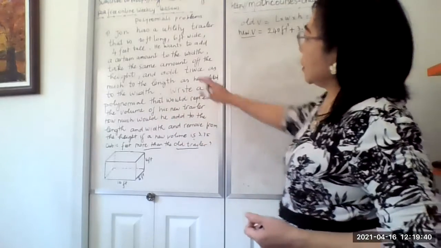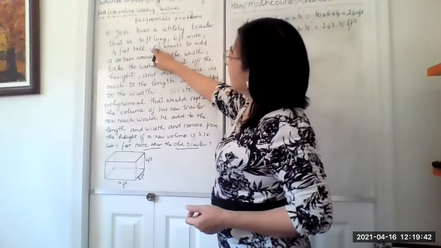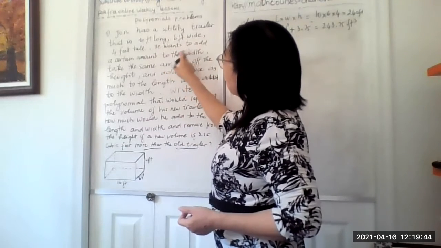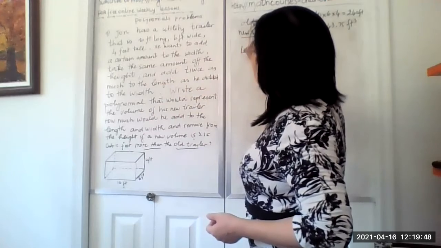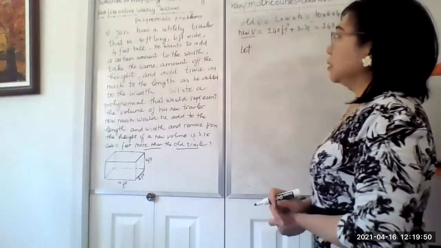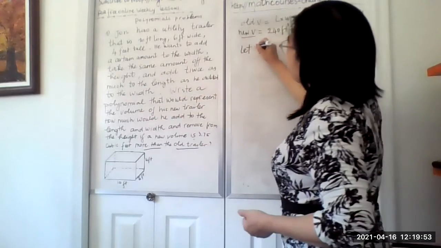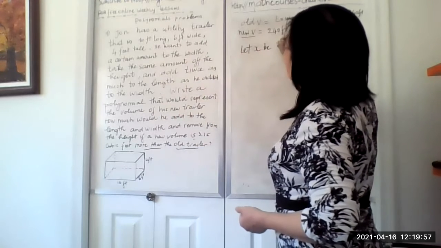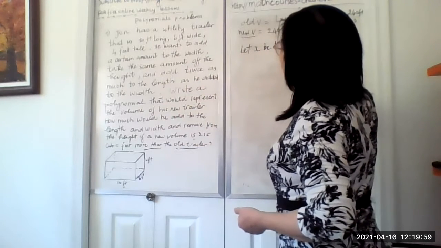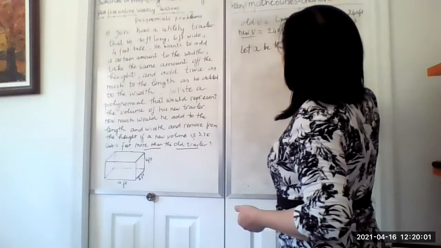Okay, so let's say John has a utility trailer that's 10 feet long. He wants to add a certain amount to the width. So we don't know how much a certain amount is, right? So let's use the letter X this time. Let X be the amount.